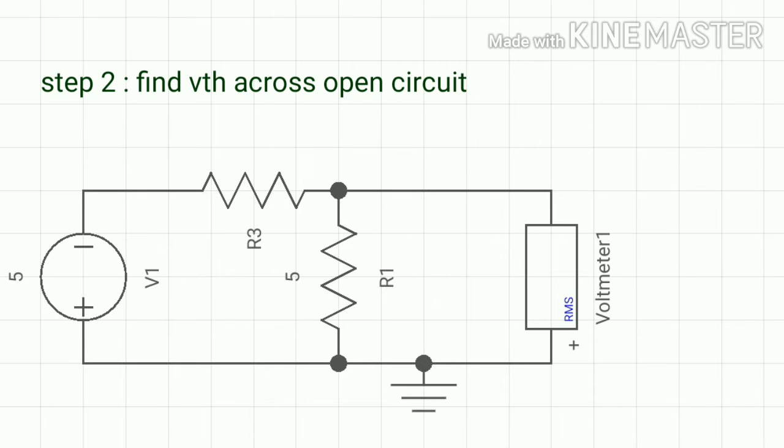So removing the load resistor and replacing it with a voltmeter, we can get the voltage reading, which means VTH. So you can see here we get 1.66 volt. Okay, 1.67 volt is our Thevenin voltage.